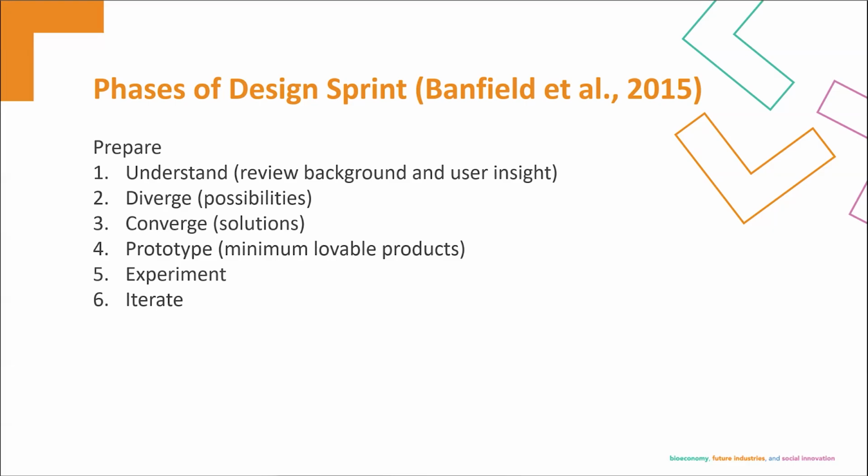Finally, we have the prototyping and experiment, or testing, phase, where we build a realistic prototype and then experiment with real customers. And as the design sprint is a learning method, we want to learn from the experiments. If there is still something to learn, or something went not according to the plan, then we can iterate and create a new design sprint cycle until we are satisfied with the results we have.